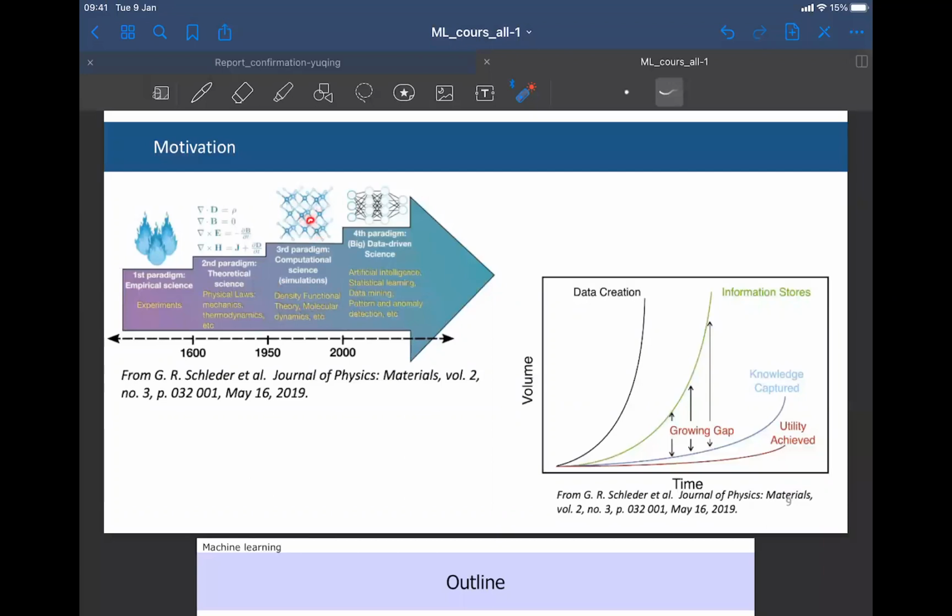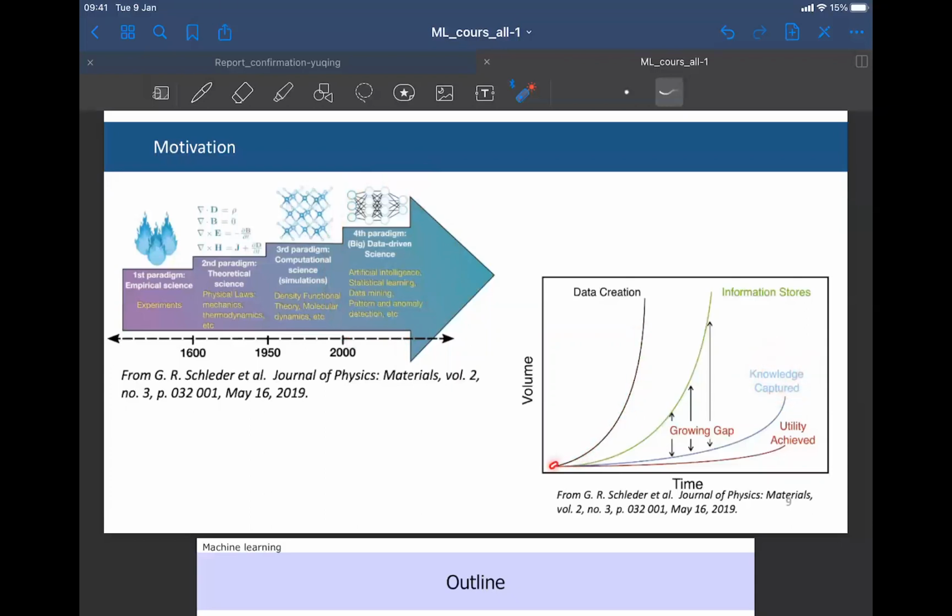And this has led to a lot of data. So we have, over the time, created pairs of, let's say, compounds and their properties. And now, with this knowledge, we can really begin to build these machine learning models that learn from the data creation in order to really capture the knowledge.